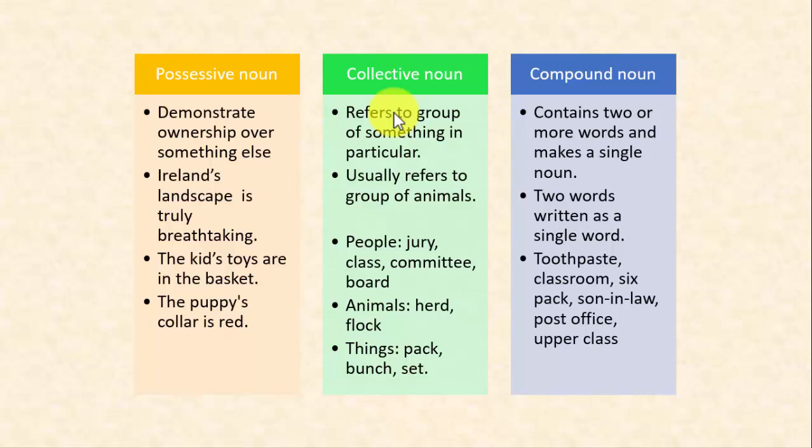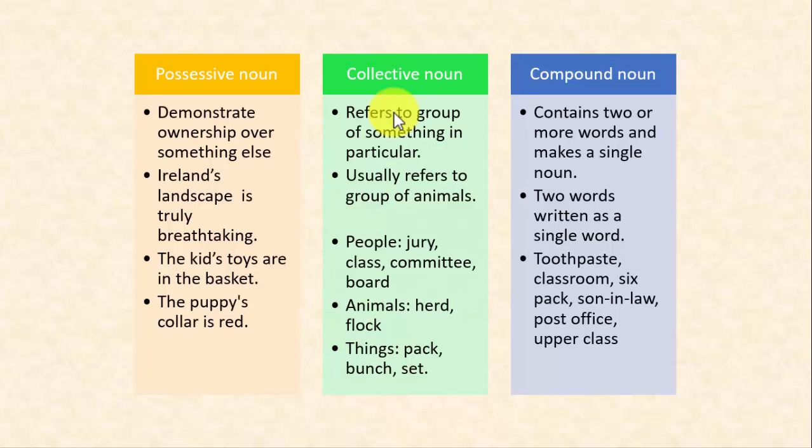If we say the jury has announced their judgment, then we are taking this example as a singular form. The jury has decided. Next, if we say the police were coming, police is actually depicting the whole class and we are using police were coming. Were is the plural form of was.